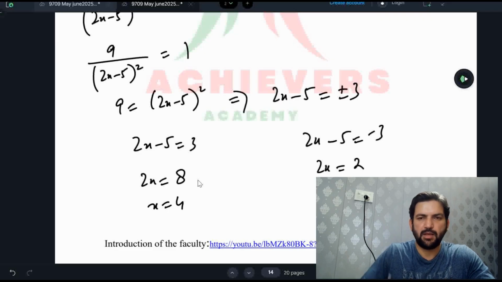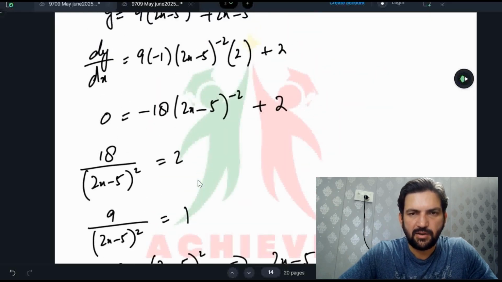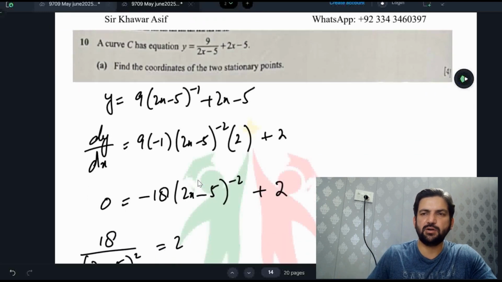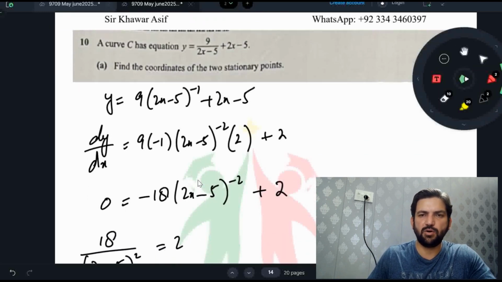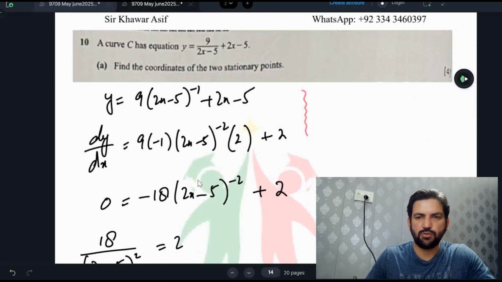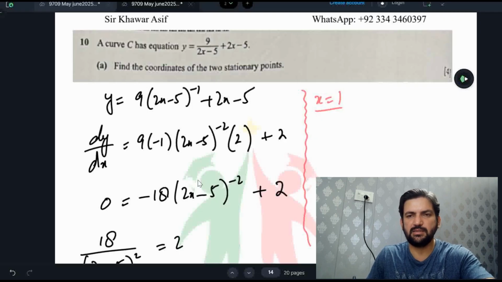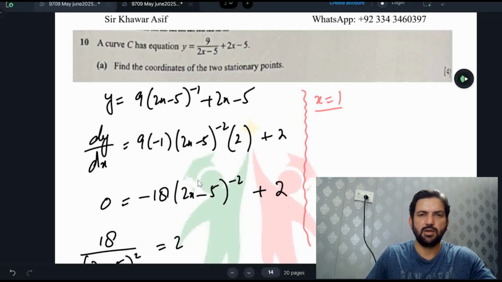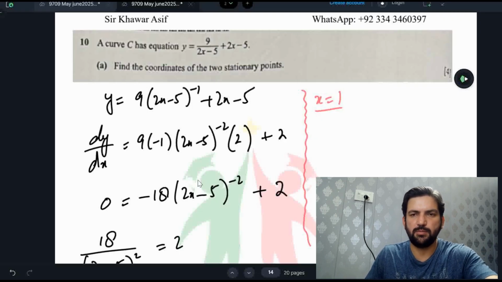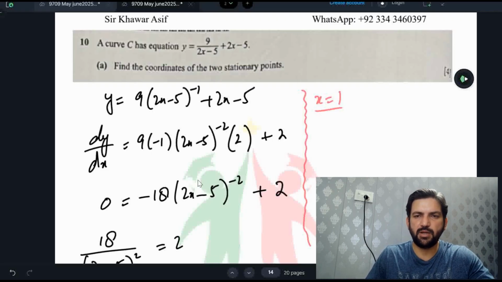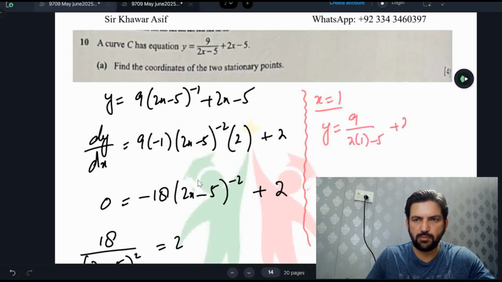Now they were saying that we have to find out the coordinates of the stationary points. So for the coordinates of the stationary point, when x is equals to 1, y will be equals to 9 divided by (2 into 1 minus 5) plus 2 into 1 minus 5.